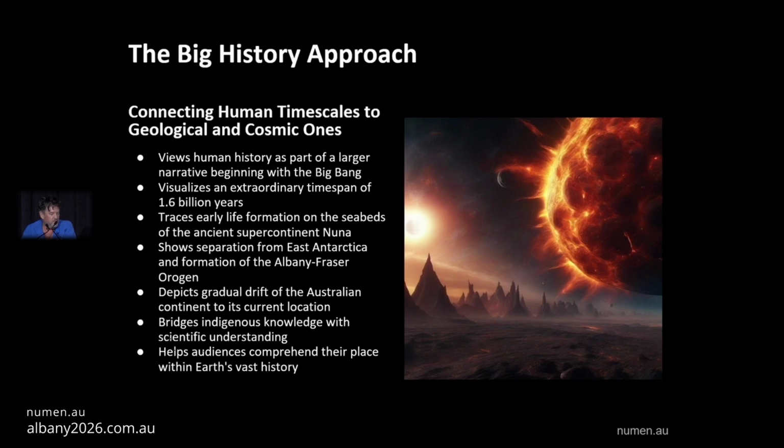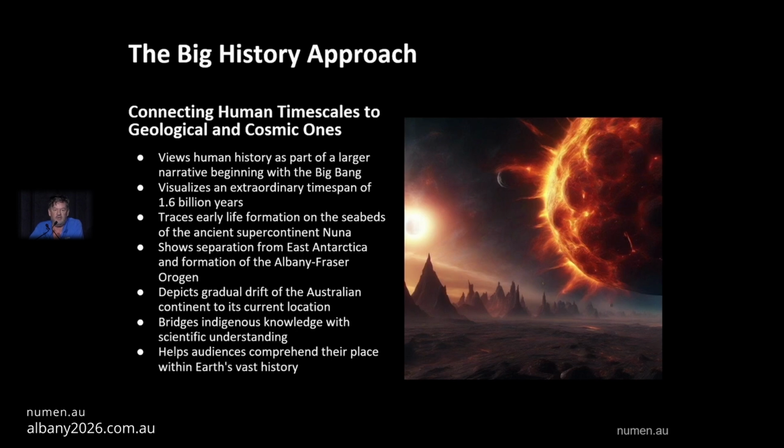So we're going to explore things like the separation of East Antarctica and the formation of what's known as the Albany-Fraser Orogen, which is basically a strip of rocks and landscape and geology along the southern region that borders upon the very massive part of Western Australia, which is the Yilgarn Craton. A craton, spelt C-R-A-T-O-N, is a piece of the Earth's surface, a bit of land basically, that has never been subducted underneath.